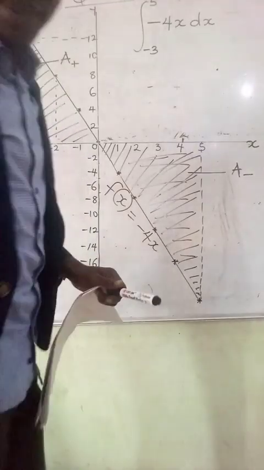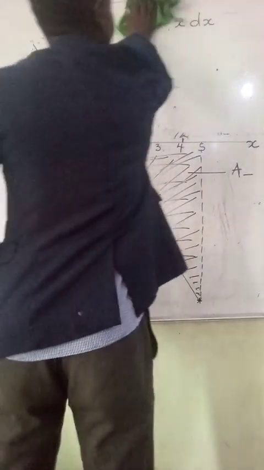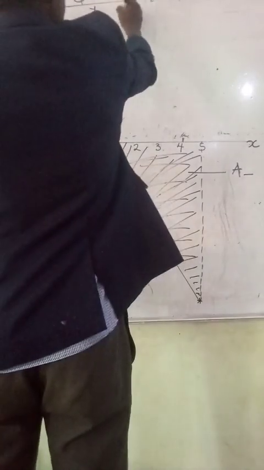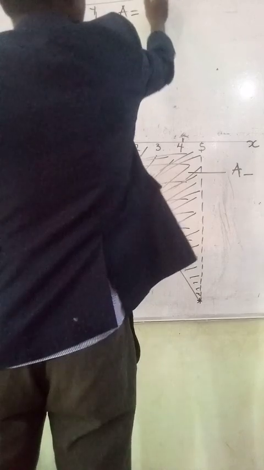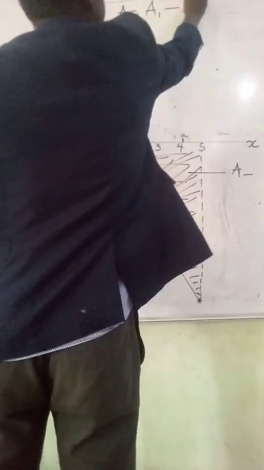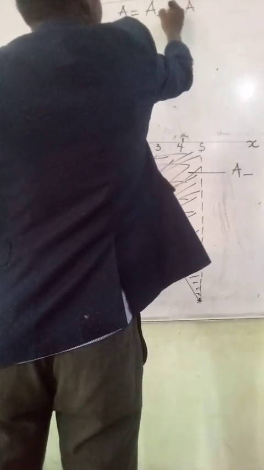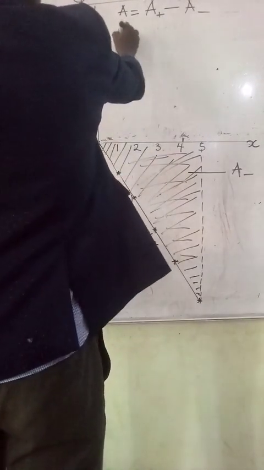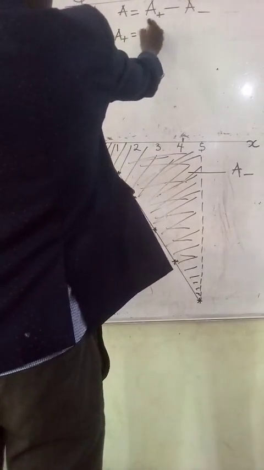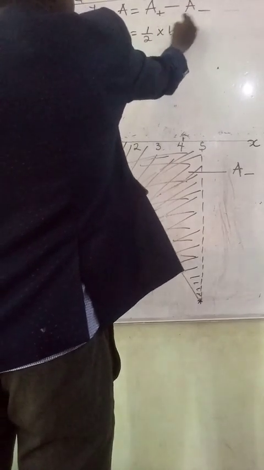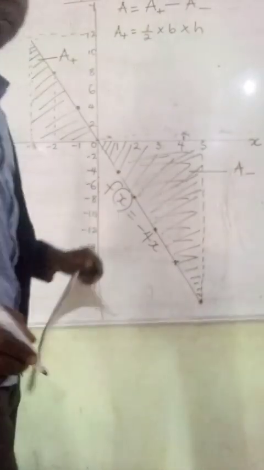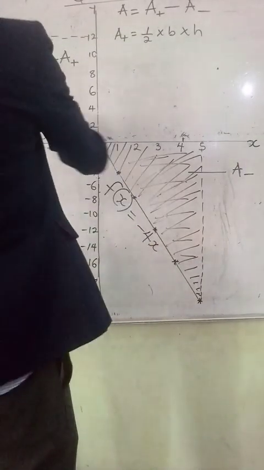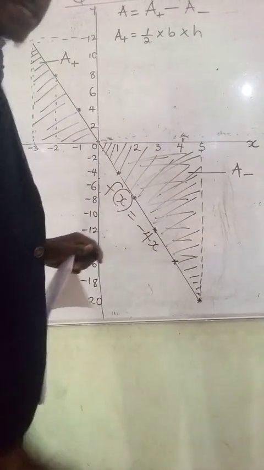And to calculate our net area, we have our net area to be equal to positive area minus negative area. To get our positive area, we use half times base times height, which is the area of a triangle, because this is a right-angled triangle.